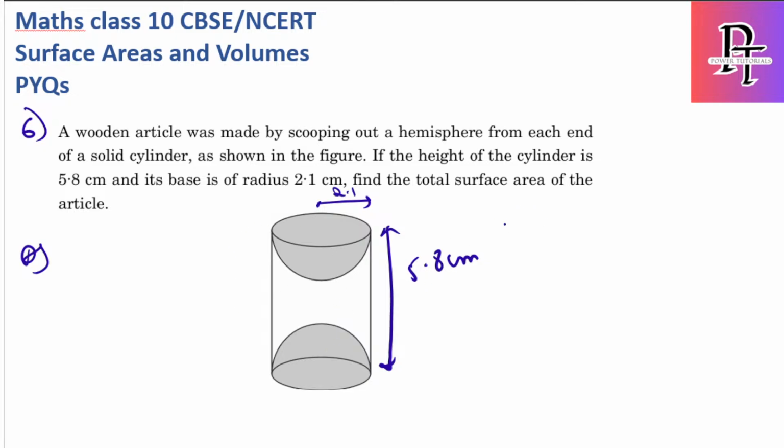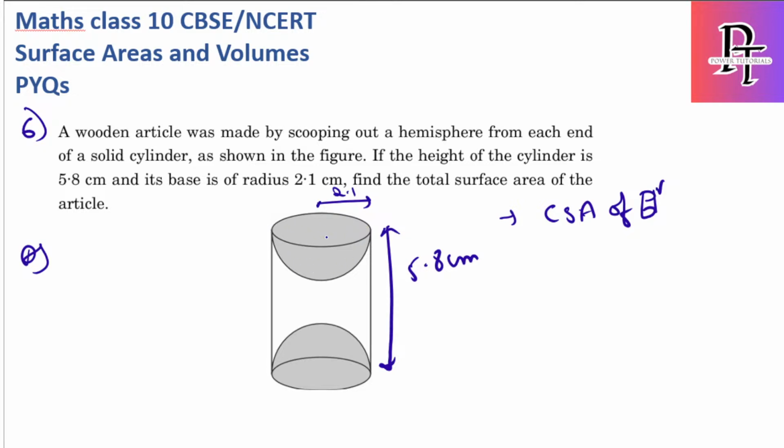For this, first we need to get the CSA of the cylinder. Why CSA of the cylinder? Because at the top and bottom it is hollow, there is no cylinder part. But instead, we have hemispheres here, which are U-shaped.